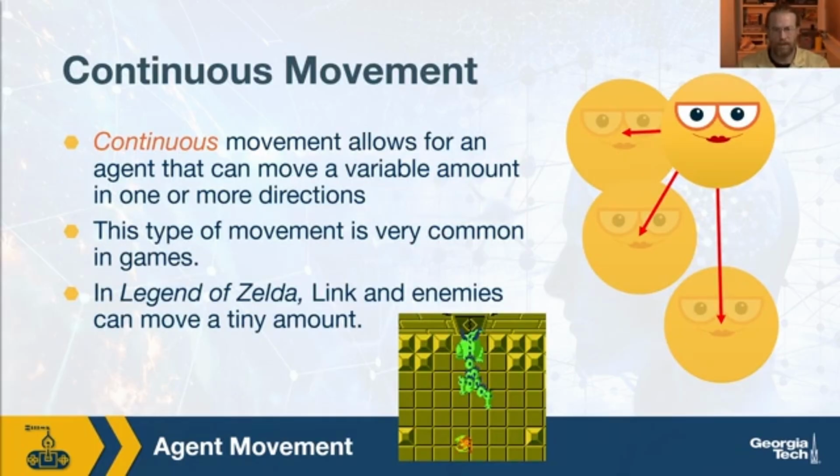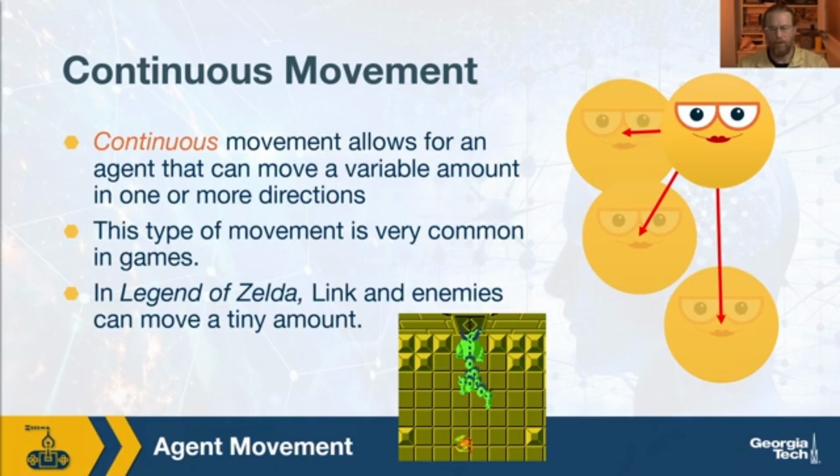Mentioned before is also continuous movement, which is the alternative to discrete movement. And so in this case, rather than have different unique locations that our agent can be placed in, we now have the ability to move incrementally, small amounts. And so this is very common in video games that have more of a real-time gameplay, arcade games, platforming games.